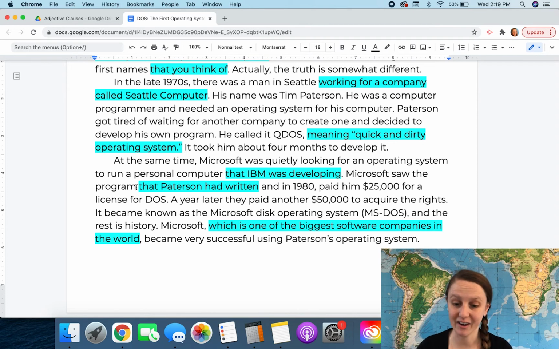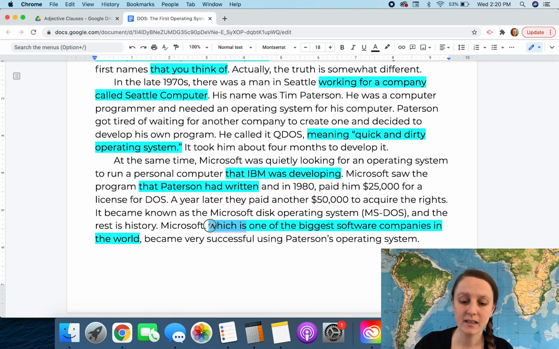So let's look at our very last one of the writing. It says Microsoft, which is one of the biggest software companies in the world, became very successful using Patterson's operating system. Here we have which, a subject relative pronoun in this clause, and a be verb.